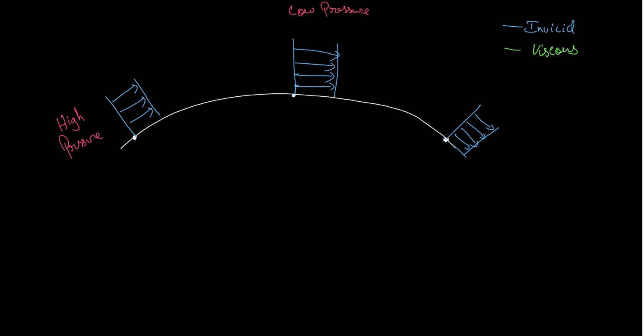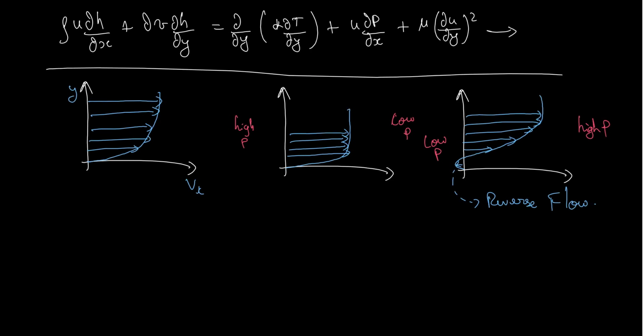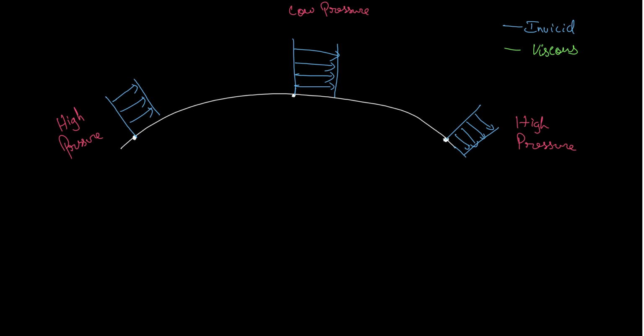And again, since the symmetric thing applies, here we will have a high pressure region. Now let's apply what we just saw in the previous slide to here and sketch our velocity profiles. Since this will be a normal velocity profile inside the boundary layer, it will look something like this.